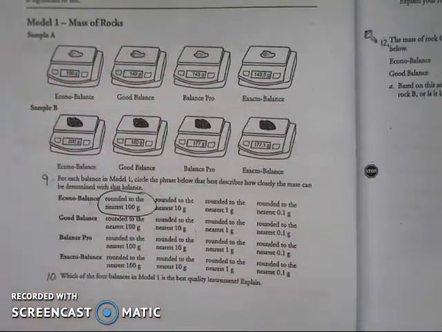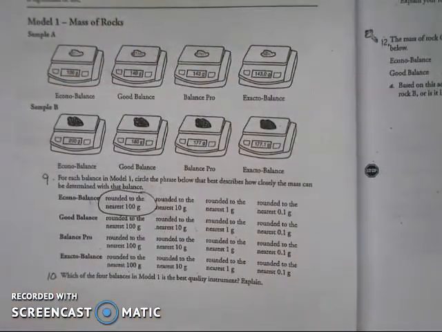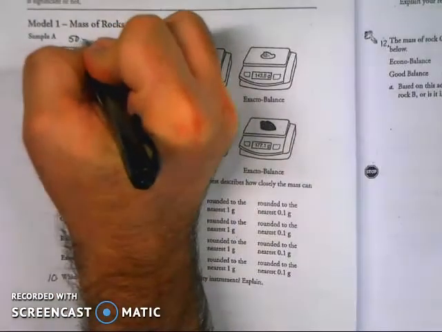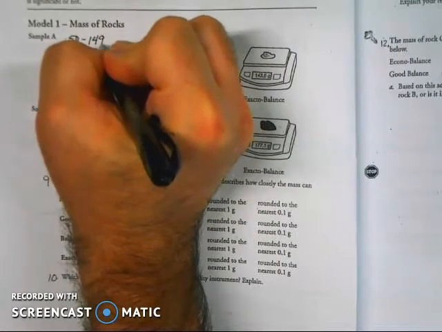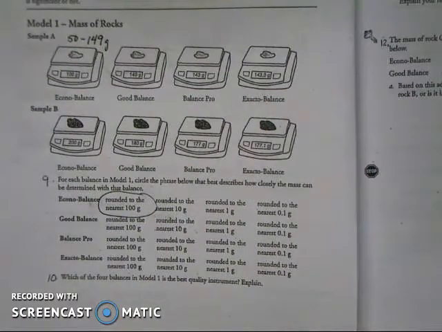So in this sample, that means that if we look at the range of values that it could be, we could go the whole way from 50 to 149 grams, and that would be how it would be rounded. So even if it was 55 grams or 100 grams or 125 grams, it is going to be rounded to the nearest 100. So that isn't a very good balance.